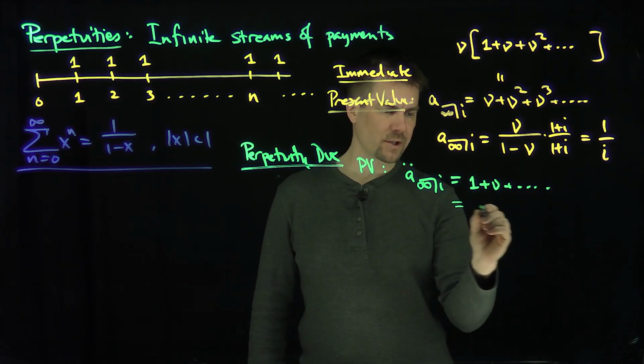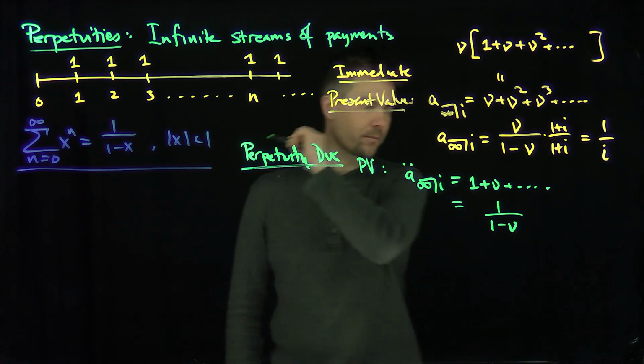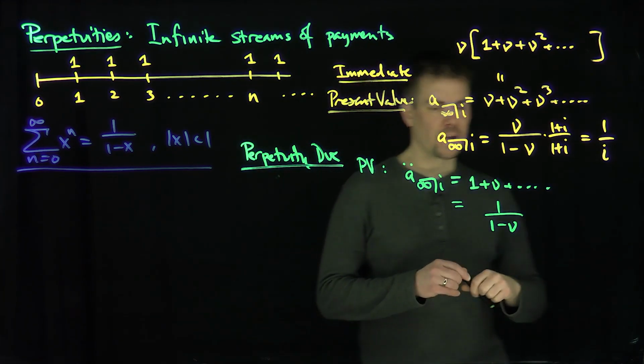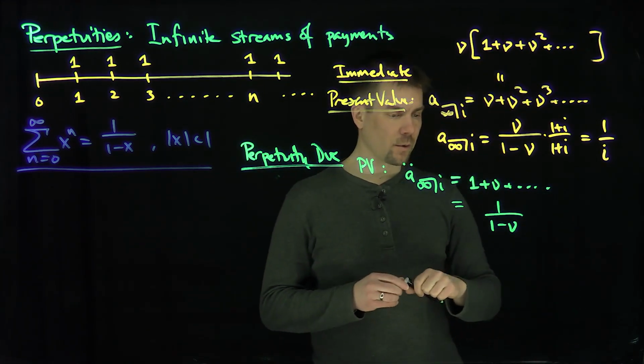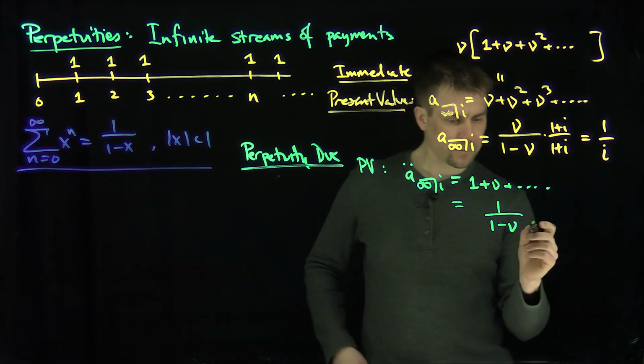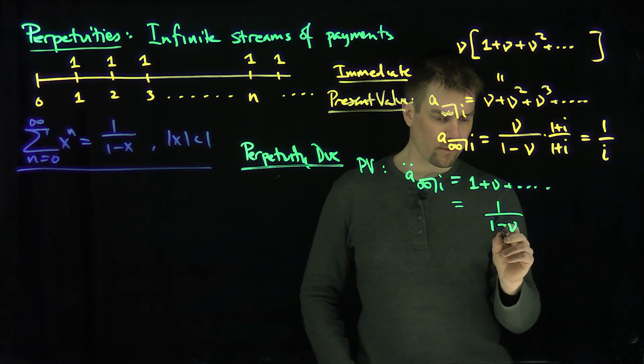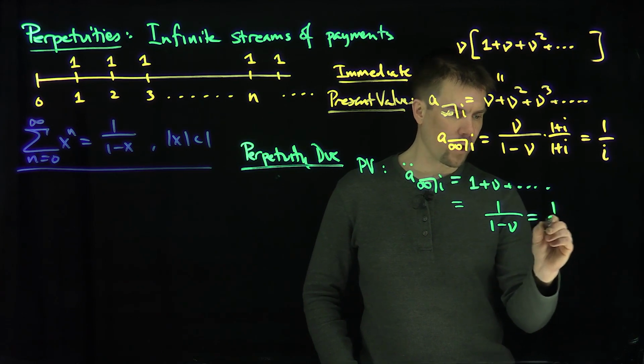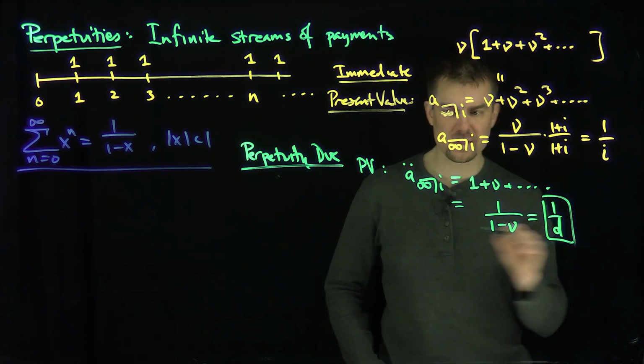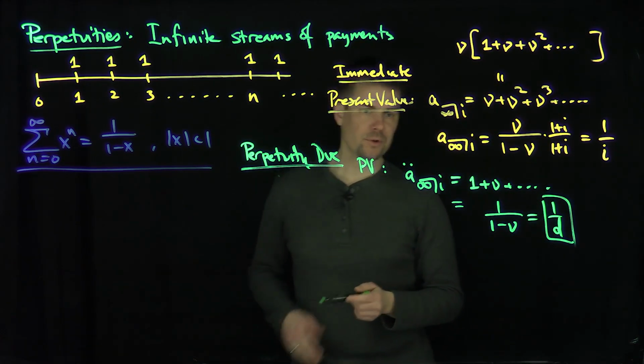Just by the ordinary geometric series formula, this is 1 over 1 minus nu, right? And I can recognize that 1 minus nu is exactly equal to d, because that would be i over 1 plus i. So 1 over d is the present value of a perpetuity due.